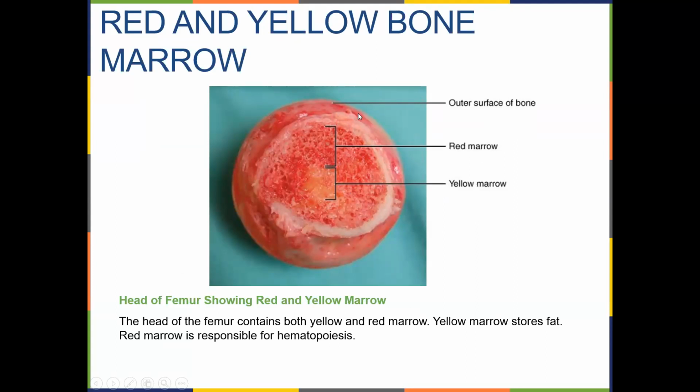This is compact bone out here on the outside, and there's some yellow marrow in the middle here, but this is where we see a great deal of blood cell production. I keep wanting to say red cell, but blood cell production. Now, granted, we probably make more red cells than any other type of cell, but this is what the red marrow area looks like.